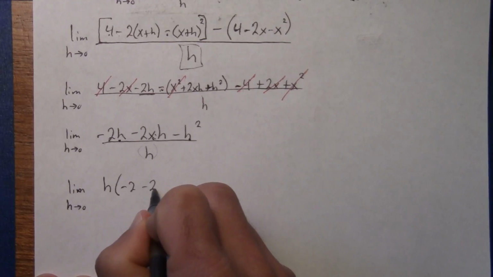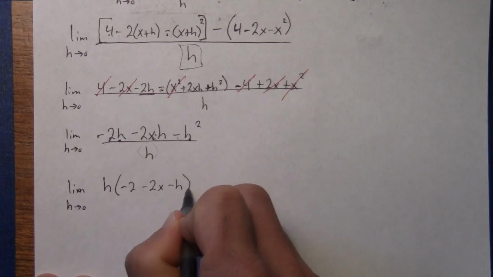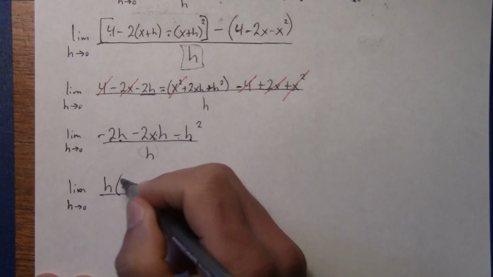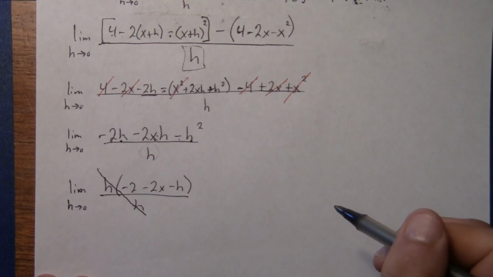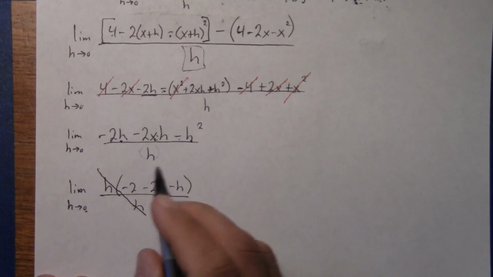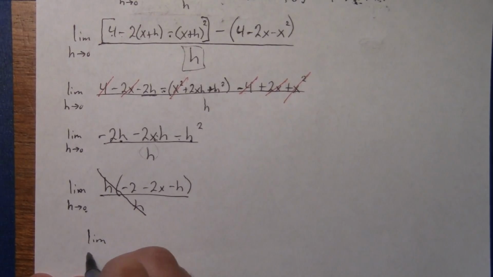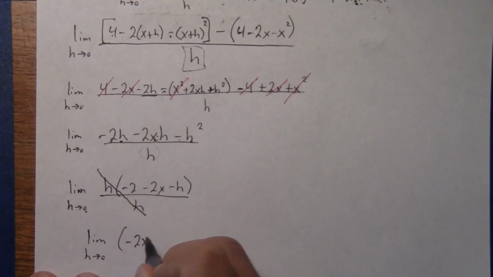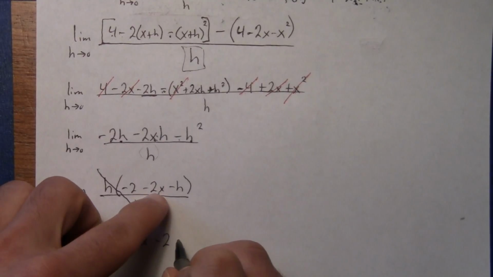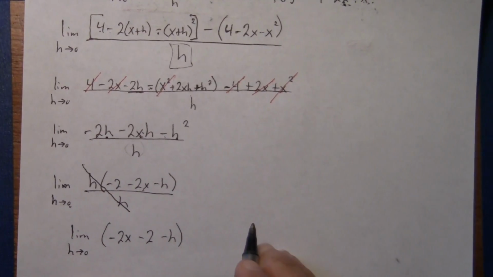This would still have a negative 2x, and this would still have a negative h. And now I get that h to cancel, which again is the whole goal. Now I'm allowed to plug 0 in. So I'm really looking at the limit as h approaches 0 of negative 2x, negative 2x minus 2. I wrote those in different order, sorry about that, minus h.